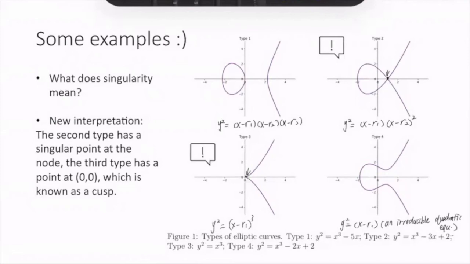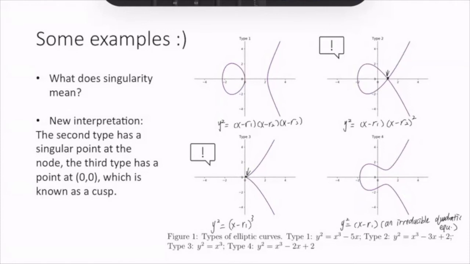We just speculated the singularity means we have a point that is not differentiable, meaning we either have a point like the marked arrow in type 2, or the point with the marked arrow in type 3. So the formal definition of singularity is that on the graph, we have at least one singular point. The singular point in type 2 will be at the repeated root of r2.